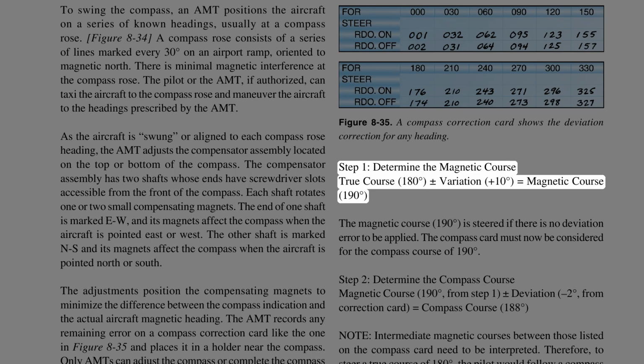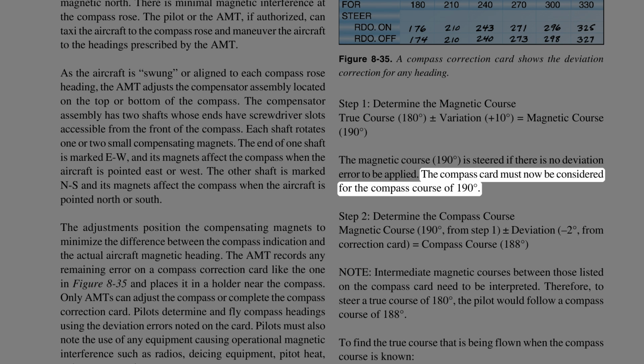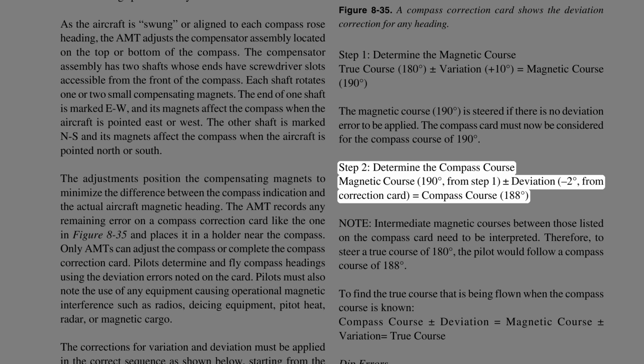Step 1. Determine the magnetic course: true course, 180 degrees, plus or minus variation, plus 10 degrees, equals magnetic course, 190 degrees. The magnetic course, 190 degrees, is steered if there is no deviation error to be applied. The compass card must now be considered for the compass course of 190 degrees. Step 2.